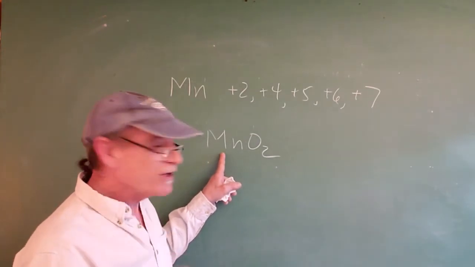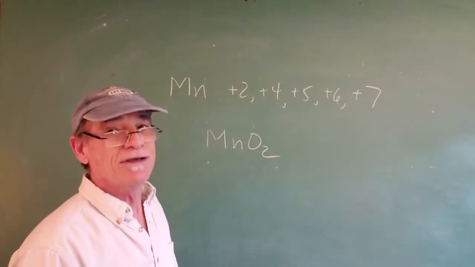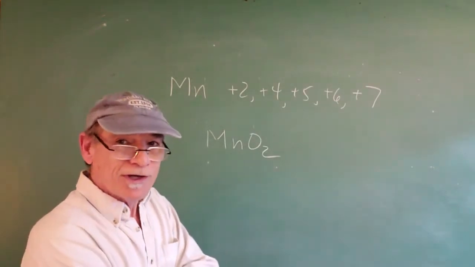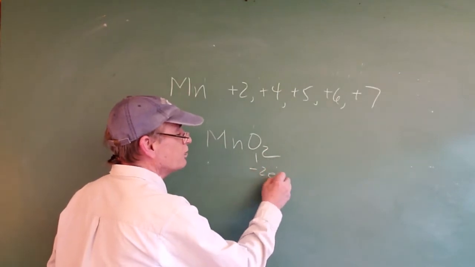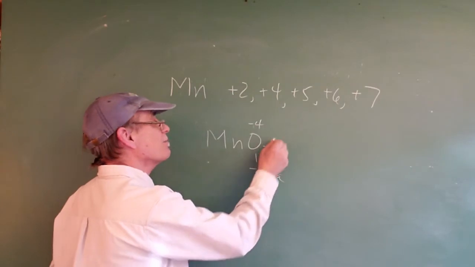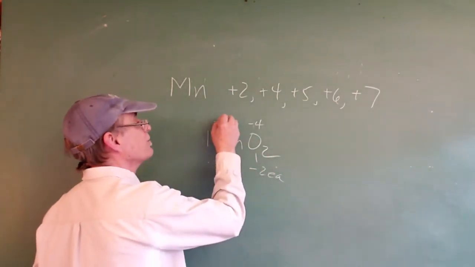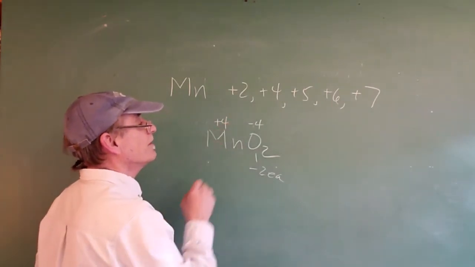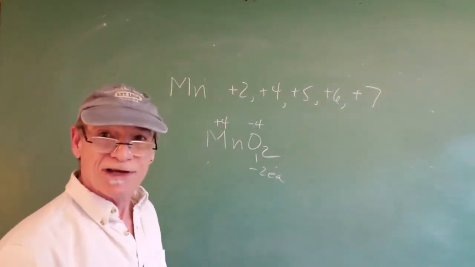And I know this because oxygen, like I said, 99.9% of the time is a -2 whenever it's in a compound. All right, so if I know this one for sure, -2 each, I know that the sum of the oxidation numbers in a compound has to equal 0 if it's a neutral compound. So in this case, the manganese is +4. The name of this is actually manganese Roman numeral 4 oxide.